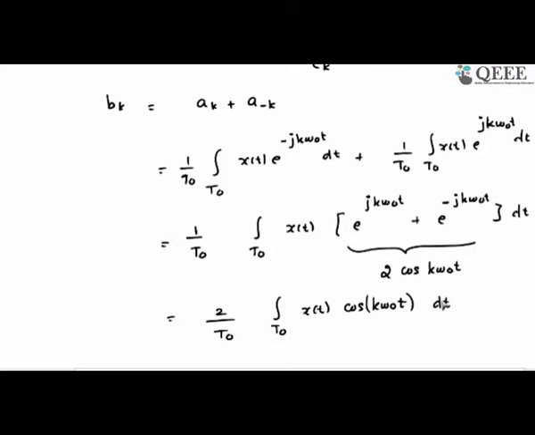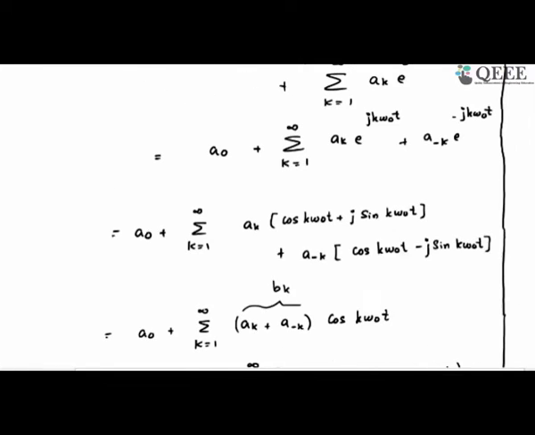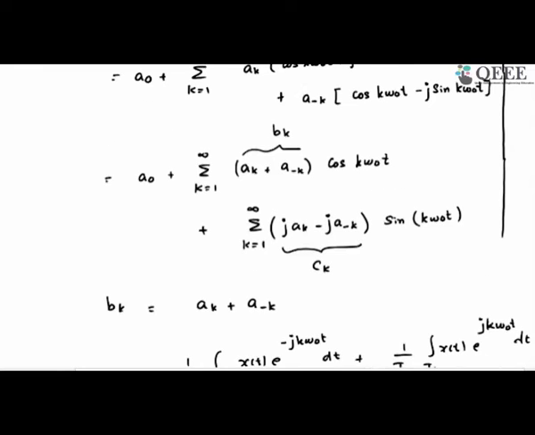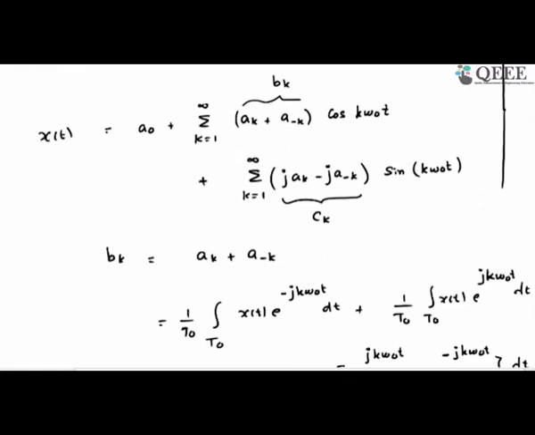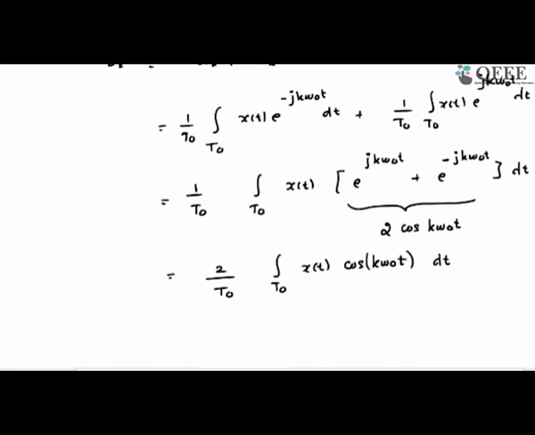Similarly we can verify that this is what we have. Okay, so this is the trigonometric Fourier series. So the signal x of t we were able to write as a naught plus some coefficient bk times cos k omega naught t summed over all k, and then there is another coefficient ck multiplied with sin k omega naught t, and I am summing it over all the possible positive values of k. So this is exactly the trigonometric Fourier series, where bk is given by 2 by t naught multiplied with integral over t naught x of t cos k omega naught t.